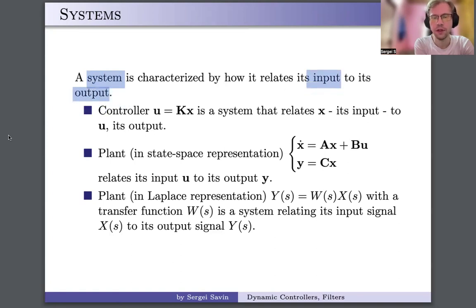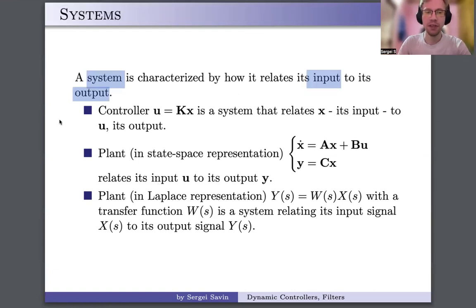So how the input and outputs are being related to each other. For example, a controller that we are familiar with, like u equals kx, is a system. It relates its input, which is x, to its output, which is u. So that is an example of a system.